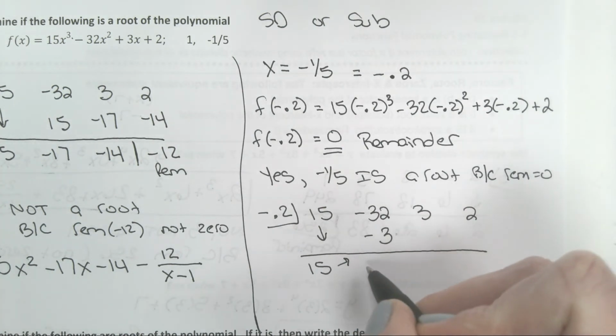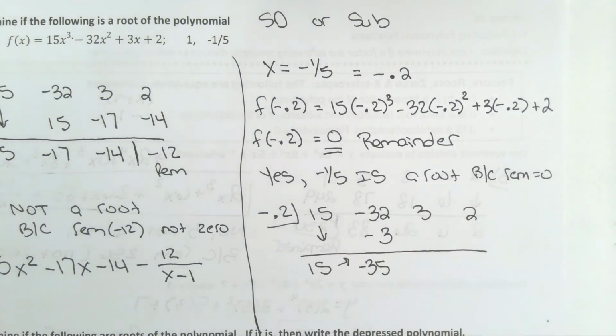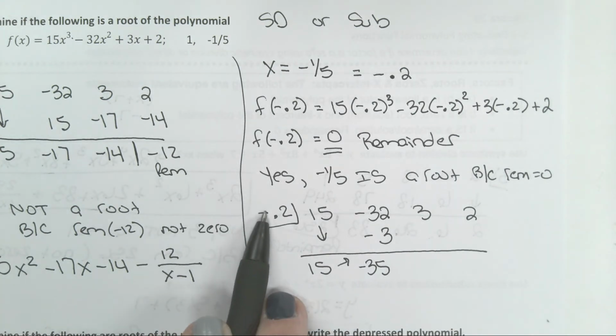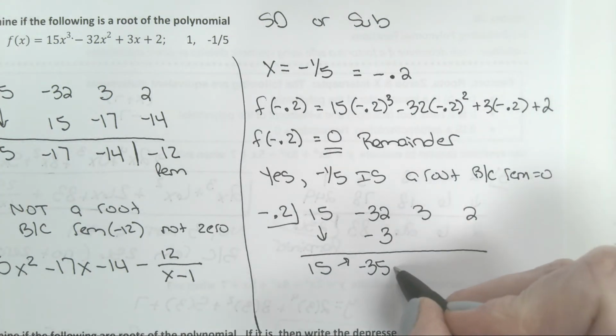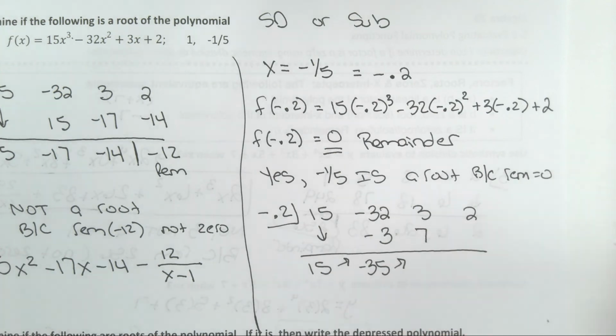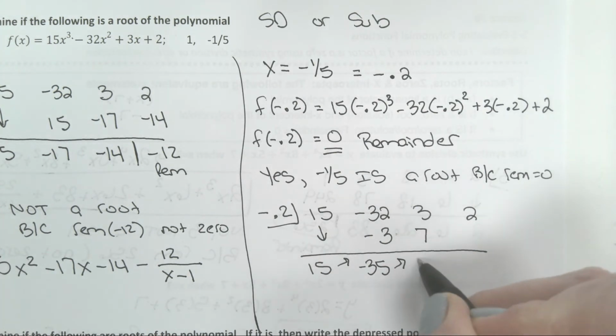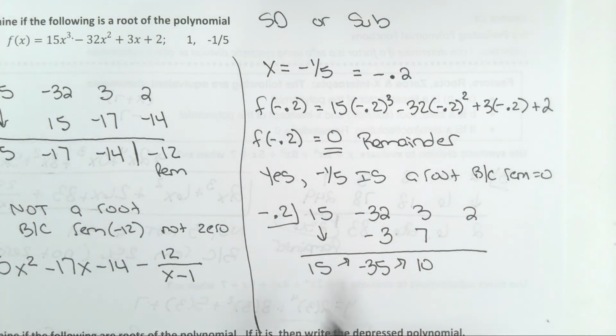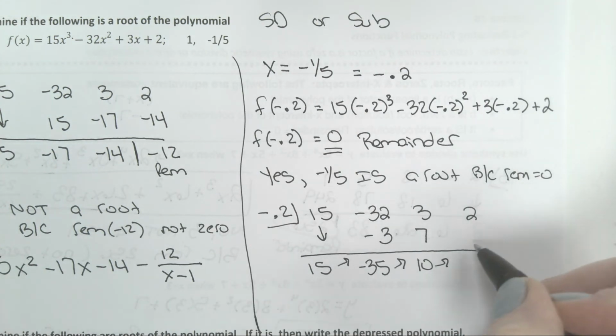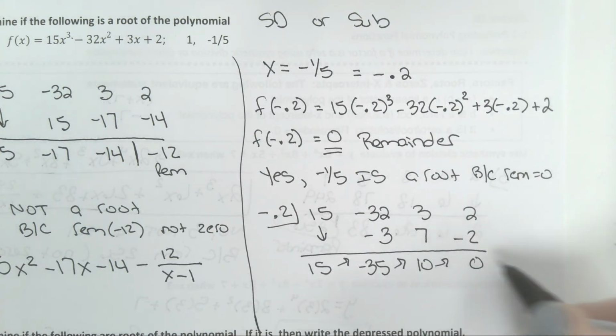Add down and you get negative 35. Multiply negative 0.2 times negative 35 equals 7. Add down and you get 10. Negative 0.2 times 10 equals negative 2. Add down and you get 0.